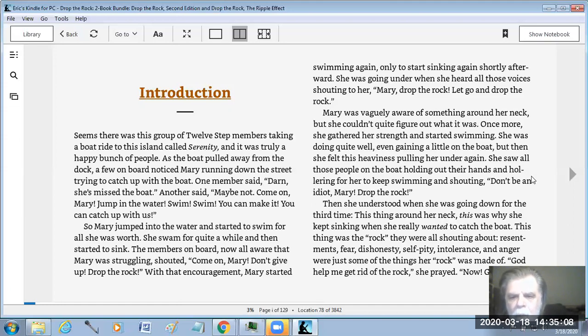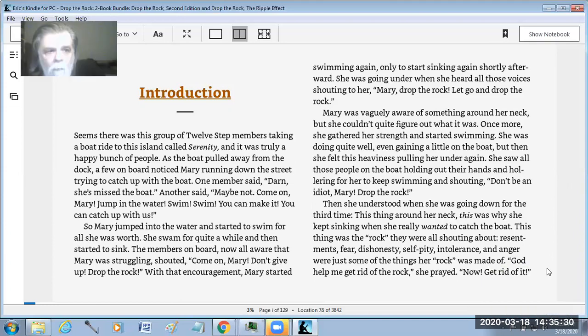She saw all those people on the boat holding out their hands, hollering for her to keep swimming, and shouting, "Don't be an idiot, Mary. Drop the rock." Then she understood when she was going down for the third time. This thing around her neck. This was why she kept sinking when she really wanted to catch that boat. This thing was the rock they were all shouting about. Resentments, fear, dishonesty, self-pity, intolerance, and anger were just some of the things her rock was made of. "God, help me get rid of the rock," she prayed. "Now, get rid of it."